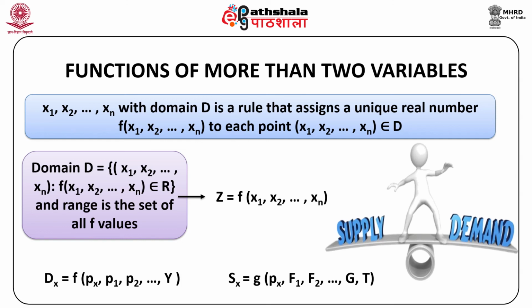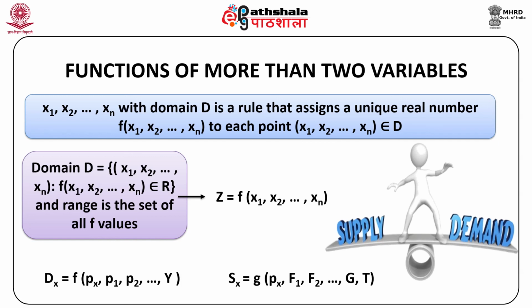A function f of n variables, say x1, x2 till xn, with domain D is a rule that assigns a unique real number f(x1, x2 till xn) to each point (x1, x2 till xn) belonging to D. Domain D is equal to the set of (x1, x2 till xn) such that f(x1, x2 till xn) belongs to R, and range is the set of all f values. We can write z equal to f(x1, x2 till xn).